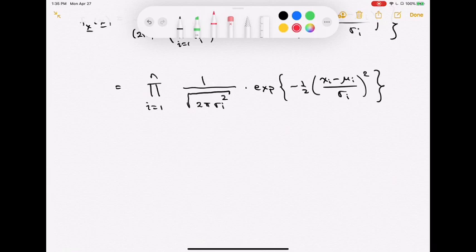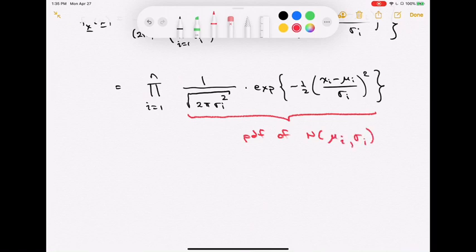It's a product from 1 to n of very similar looking terms. If you take a look, each one of these is a PDF of a normal with μi, σi. Gaussians, right? Those Gaussian RVs, which are also the marginal distributions.